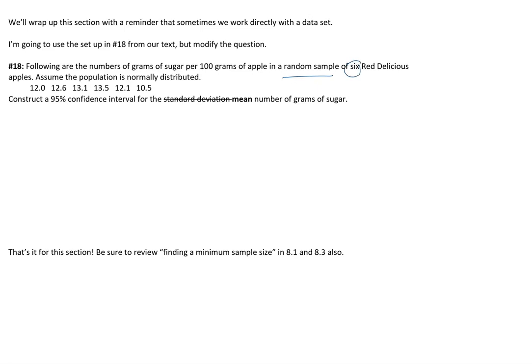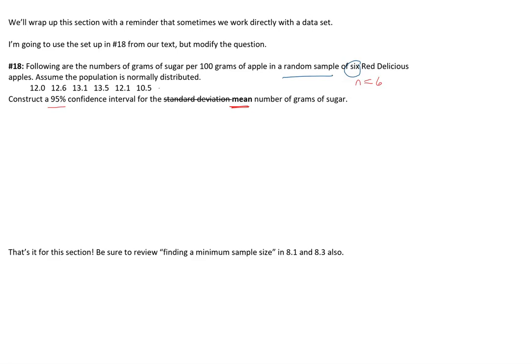Look at that, it's given to us in a word this time, but we've got a sample size of 6 numbers, red delicious apples. So these are grams of sugar per 100 grams of apple in this sample.